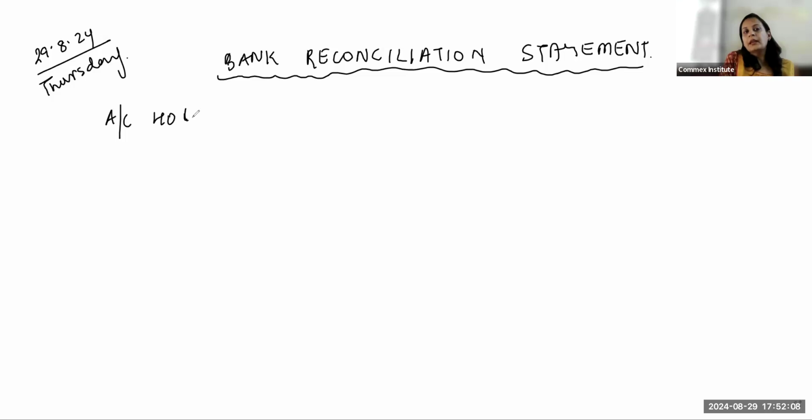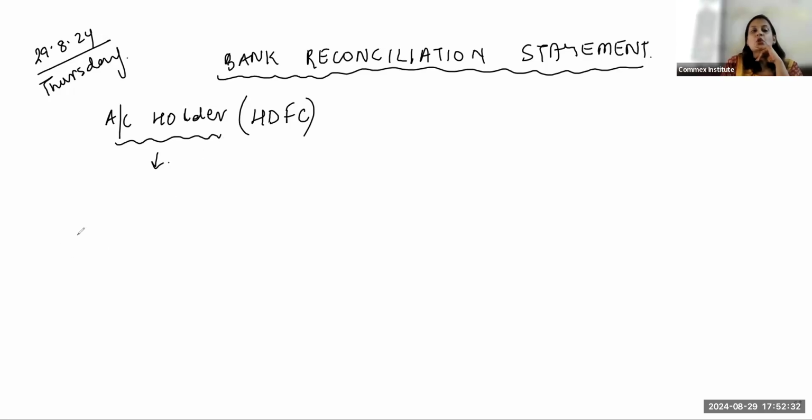See, suppose I'm an account holder in a particular bank. Say in HDFC, I have an account. Now, I'll try to maintain my account. When I'm running a business, I'll have my cashier who will maintain my account. So that is the account as per my cashier, or if I'm maintaining it myself, that is the account as per me.